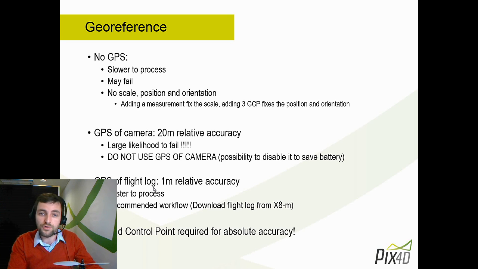In addition, it can be used for quality control. Finally, you can use ground control points in addition to the GPS of the flight log. And this is the only way to achieve absolute accuracy.